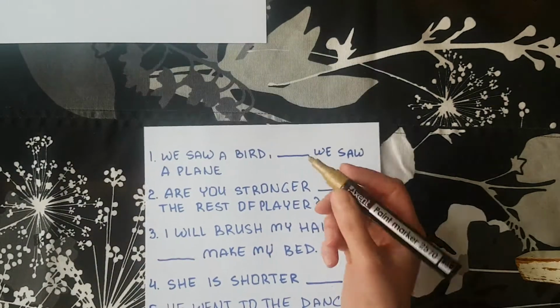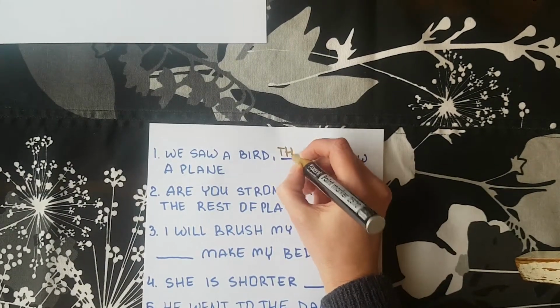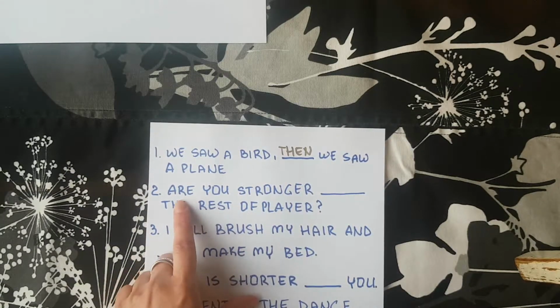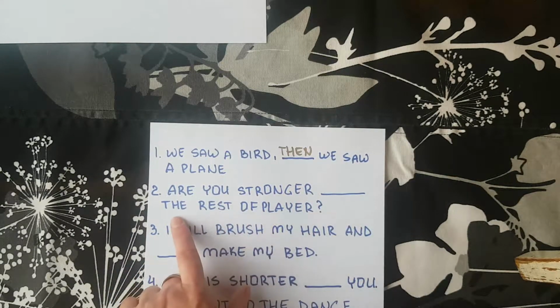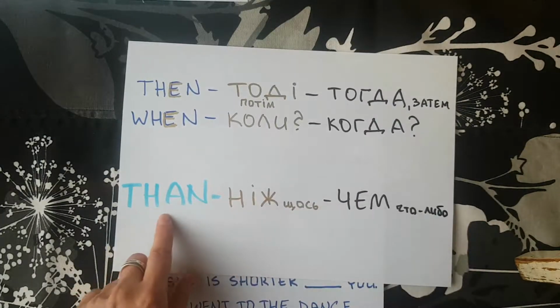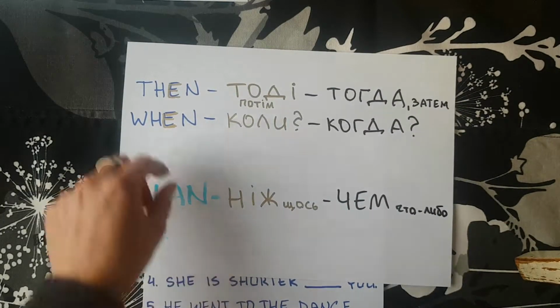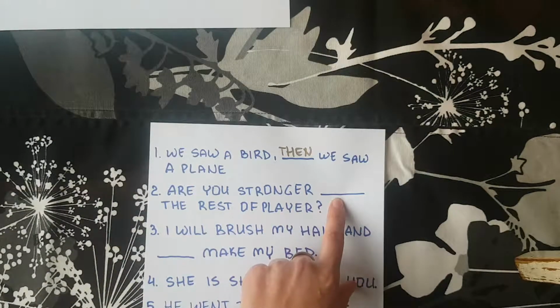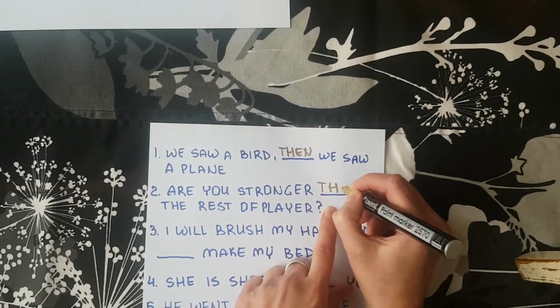So we're using then with an E. We saw one, then we saw the other. The next one. Are you stronger than the rest of the players? Are you stronger? This is when we use than, because there's no action, there's no time. This is a than with an A.